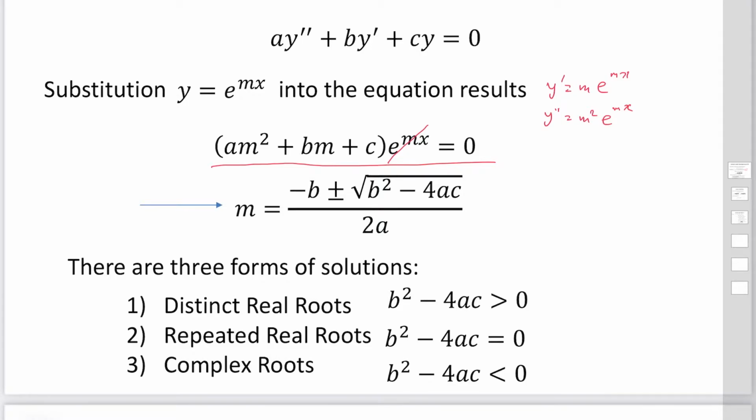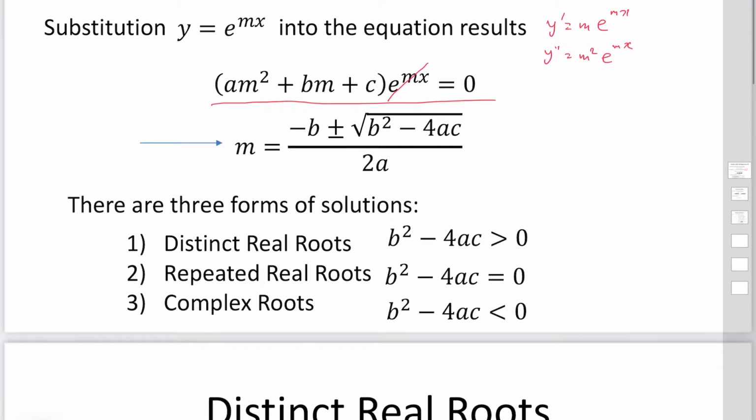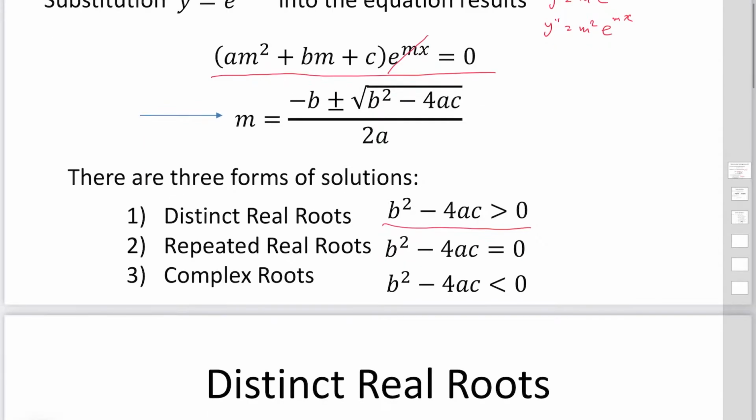The solution is expressed as m equals minus b plus or minus the square root of b squared minus 4ac, over 2a. So there are three forms of the solutions. The first case is a distinct real root, where b squared minus 4ac is a positive quantity and m becomes real.